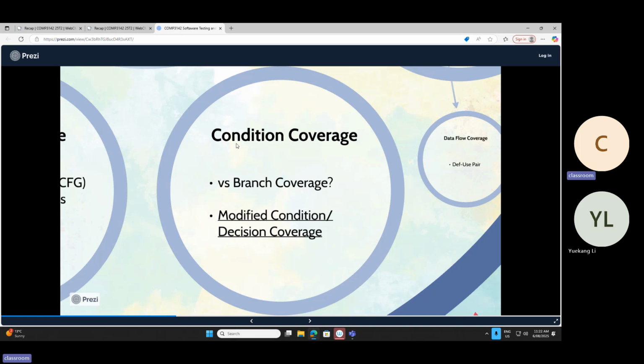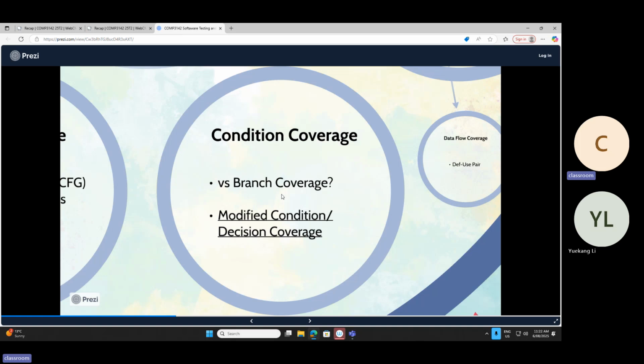Actually, condition coverage contains branch coverage because there are some conditions which are not used in conditional statements. We can assign Boolean values to some variables using conditional expressions, right? So condition coverage is more comprehensive than branch coverage.